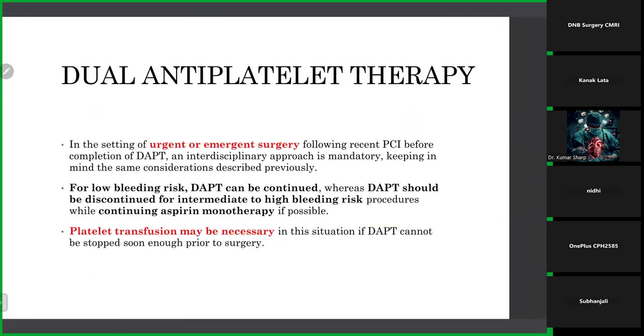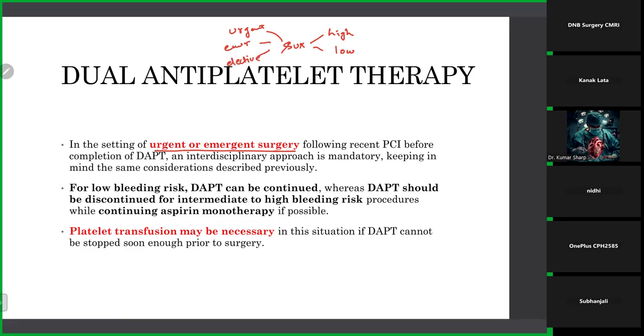So we'll proceed on to the further slides. Yeah, sure. We have two remaining concepts which we need to understand for dual antiplatelet therapy. In the setting of an urgent or emergent surgery, your surgery can be a high risk bleeding or a low risk bleeding surgery. Also, you can have a surgery which is urgent, emergent, or elective.